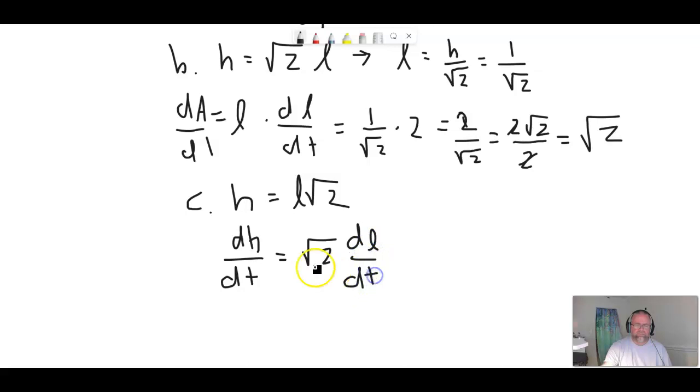Because the derivative of any number times a variable is just that number. And then since we took the derivative of something other than t, then we need to add the dL over dt here. Now we already know that dL over dt is equal to 2 from the initial part of the question. So this is just equal to 2 times the square root of 2. And we are finished. If you have any questions, please let me know, and I hope you have a great rest of your day. Thanks.